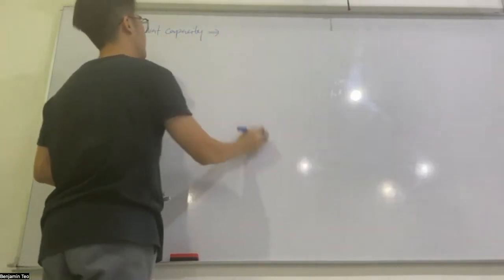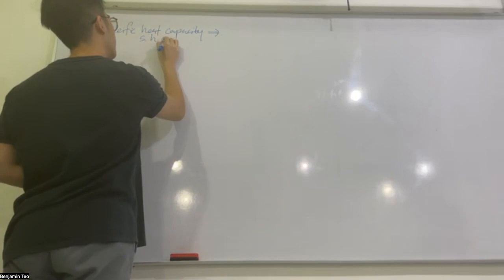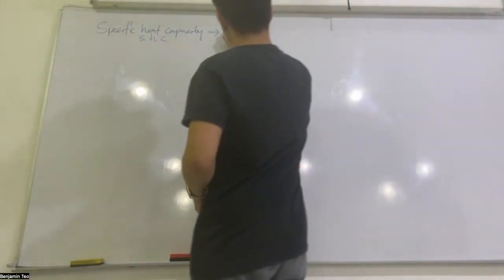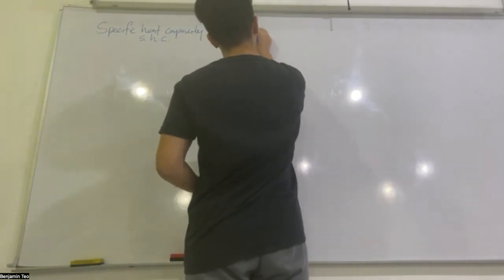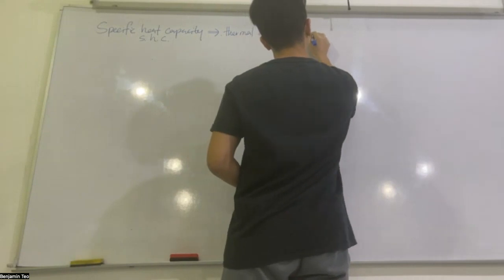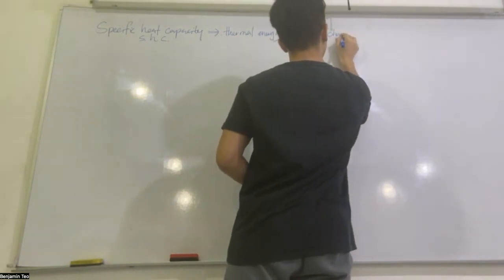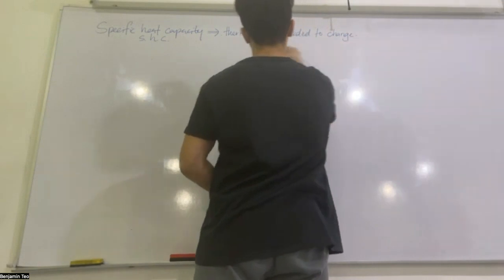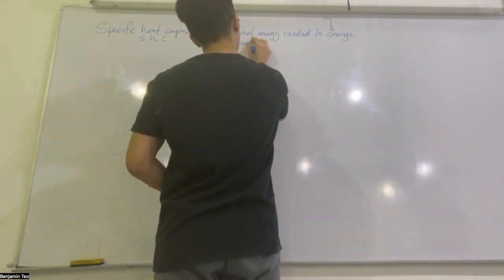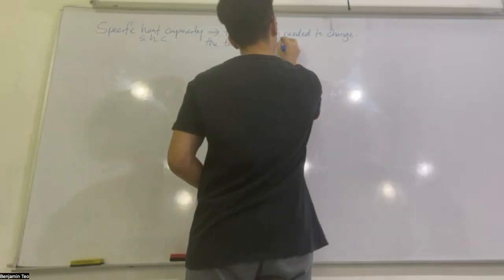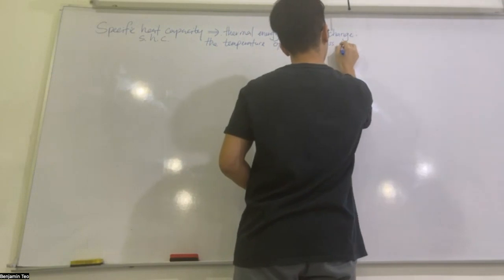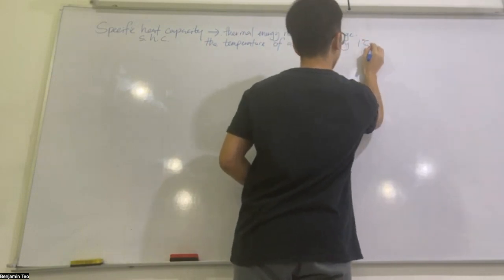The specific heat capacity, SHC. What is it? Put simply, it is the thermal energy needed to change the temperature of a unit mass by 1 degree Celsius.